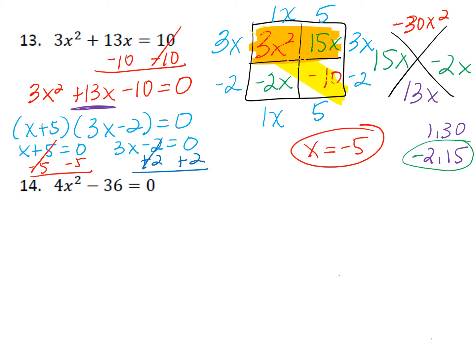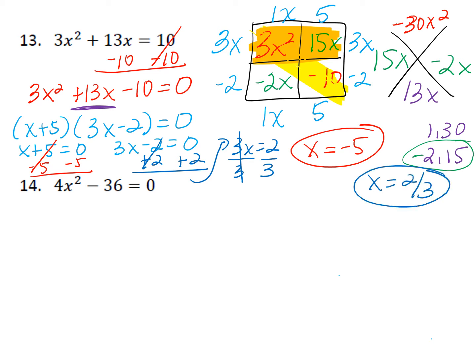And that would give us 3x equals 2. And then I would have to divide both sides by 3. So my other answer is 2/3. So two answers, just got a little messy. So let me highlight those. X equals negative 5 and x equals 2/3.